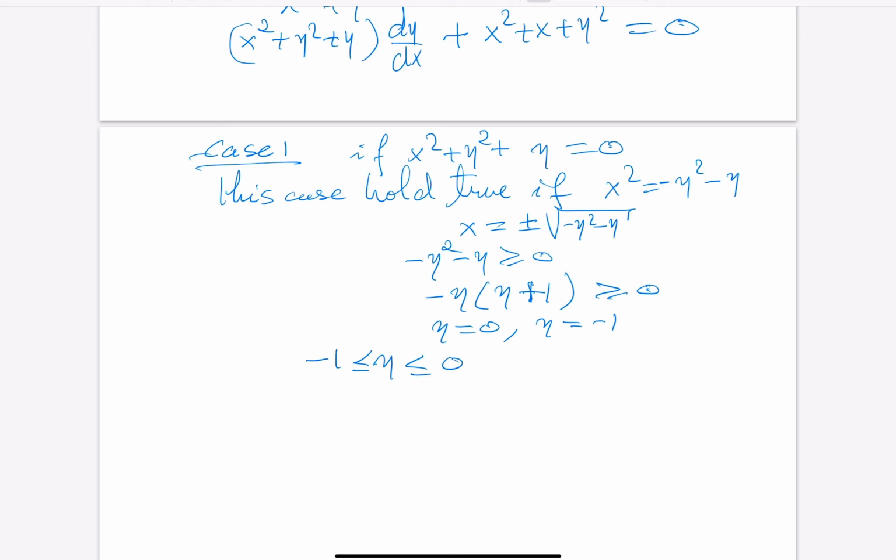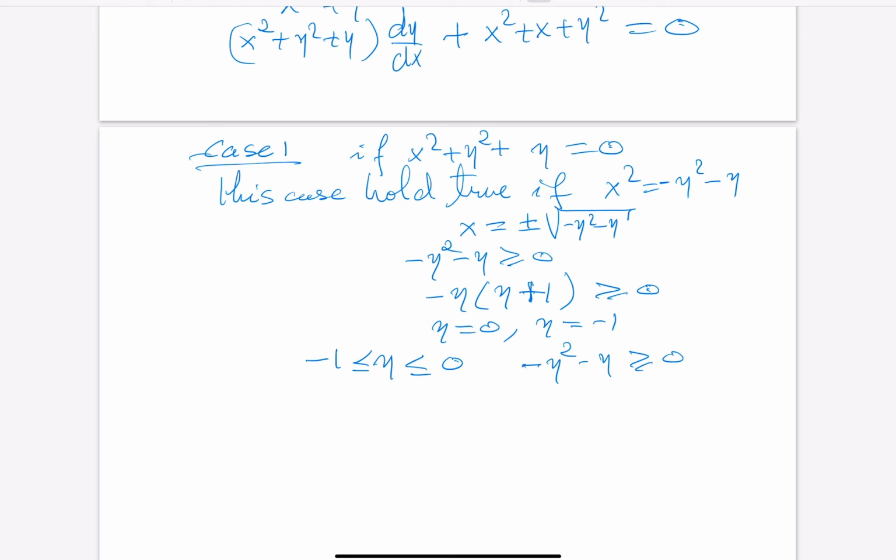Any number you pick here, negative y squared minus y is always positive or equal to 0. If y equal to 0, this one equals 0. If y equal to negative 1, this one equals 0. Other than that, anything you pick here, it will be true.